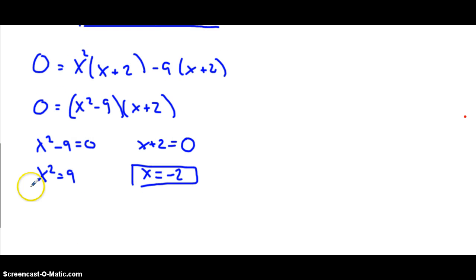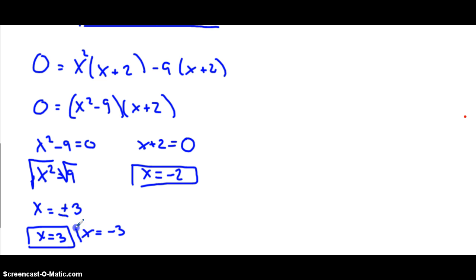Well, we're going to have to take the square root of both sides because we have an x squared, and we get x is equal to, and don't forget when you take the square root, you have to do the positive or negative square root of 9, which is 3. So this is actually 2 separate roots. X can be equal to 3, or x can be equal to negative 3. All right, those are our 3 possible roots after we solved by factoring.